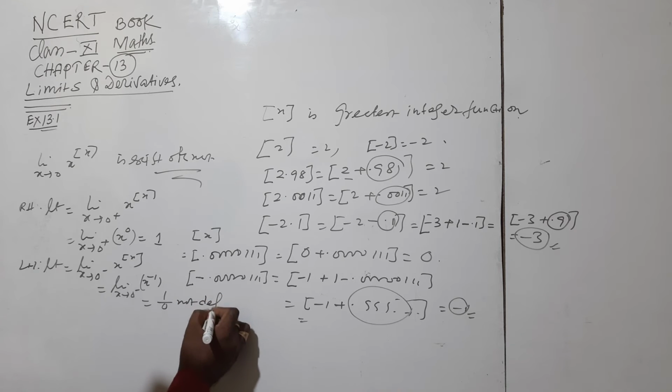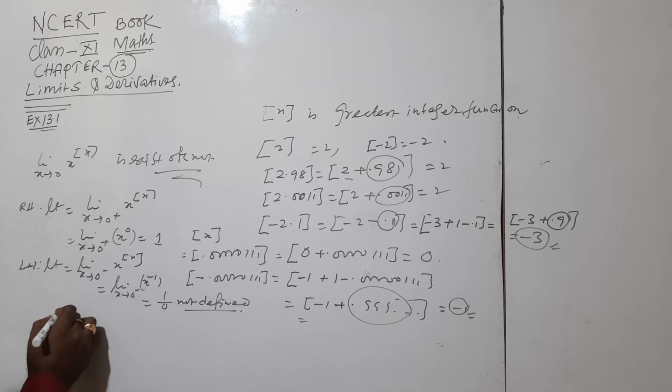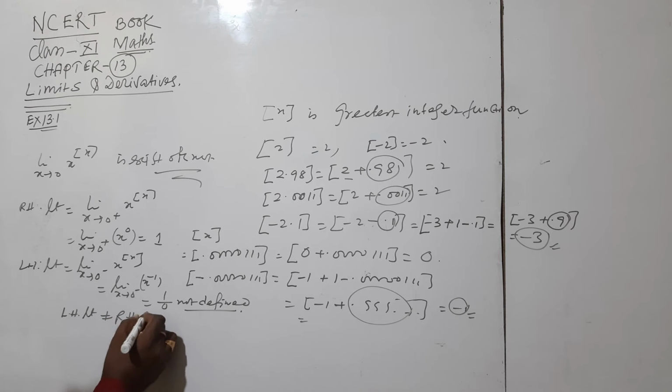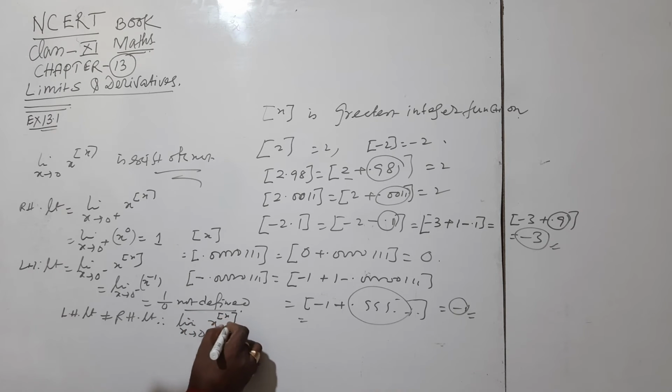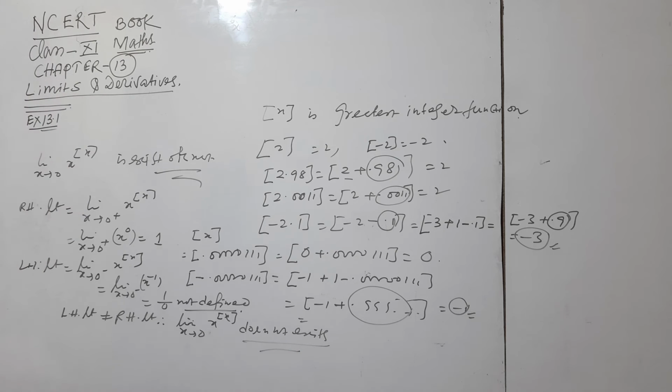Therefore left hand limit is not equal to right hand limit, therefore limit x tends to 0 of x to the power box x does not exist. Okay, so next problem.